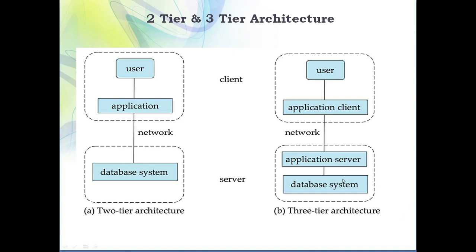Similarly, in three-tier architecture, you also make use of JDBC and ODBC to interact with the database, but the only difference is that here the user will interact with the database through the application server, and that application server will control all the activity, all the requests coming to access a database. So this is what a three-tier architecture is.